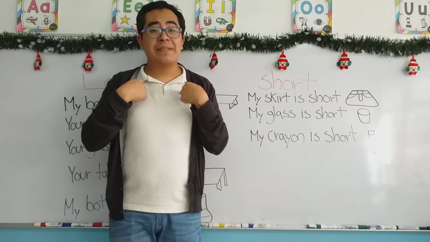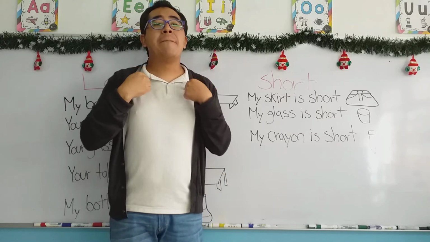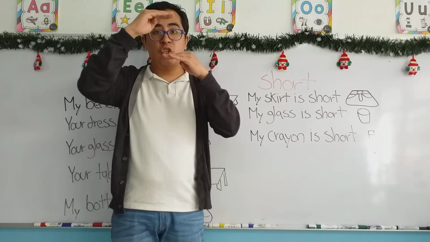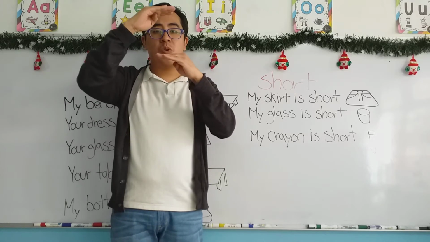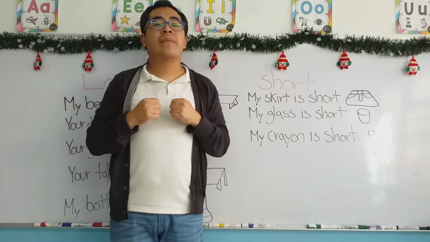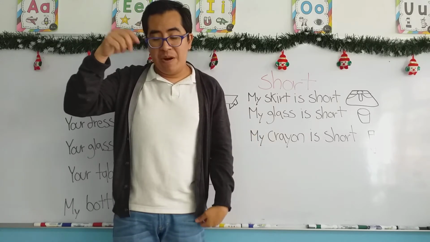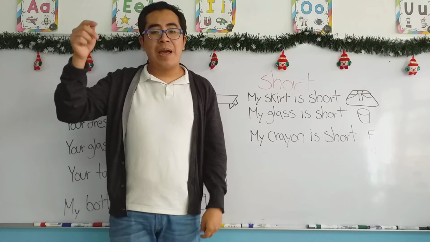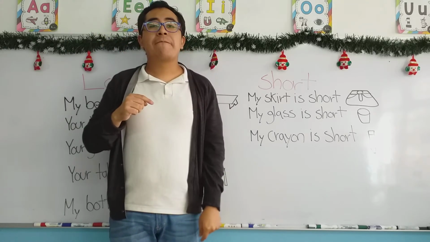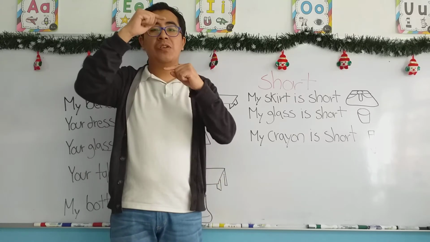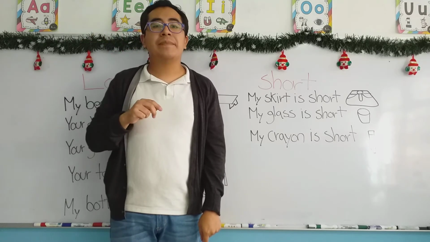My glass. Remember glass, the object that we use to drink a liquid. My glass is short. Mi vaso es corto. And finally, my crayon. Remember, crayon, crayola. My crayon is short. Mi crayola está corta.